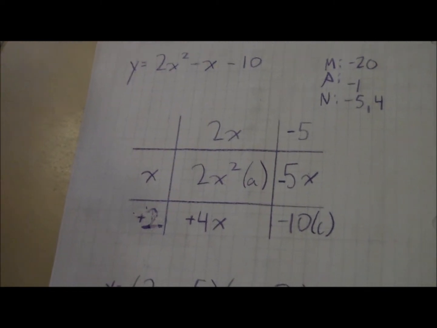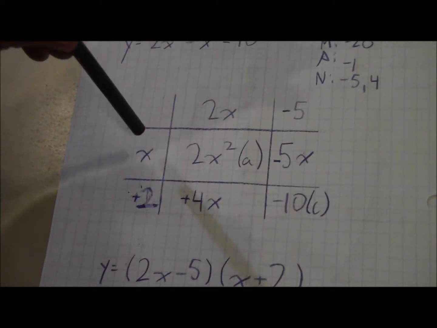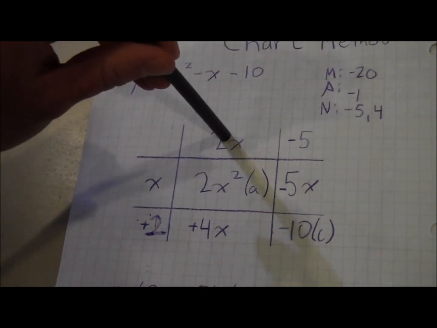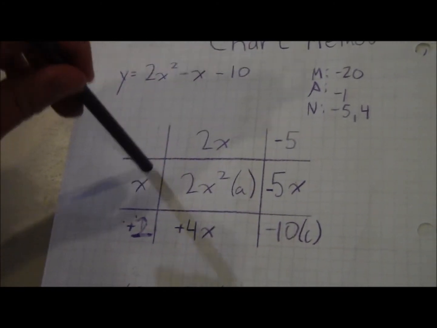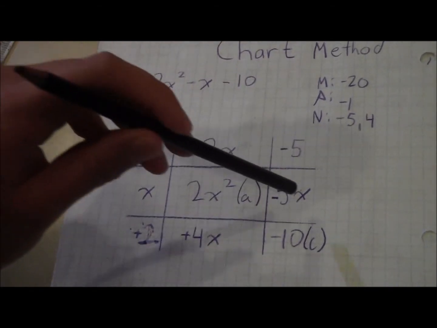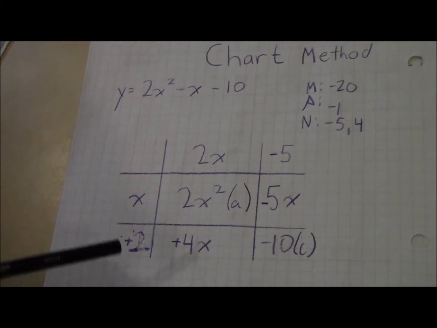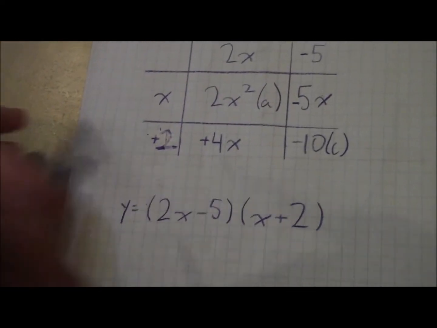And you can always make sure that you have the right numbers, because this number and this number should equal this number, and this number and this number should equal this number. And then this number and this number should equal this number, and this number and this number should equal this number.